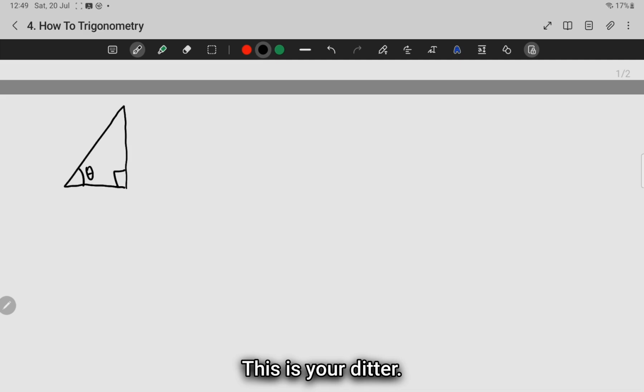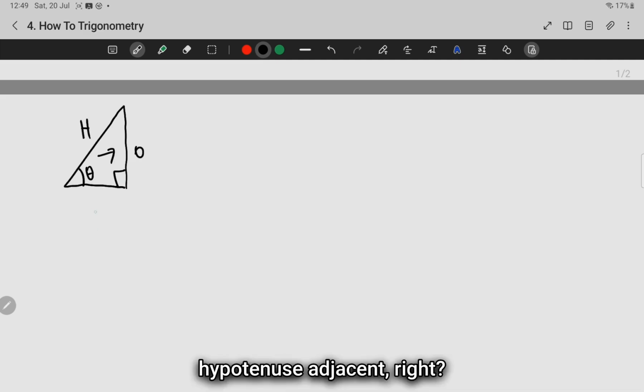This is your theta. This is your opposite, hypotenuse, adjacent, right?